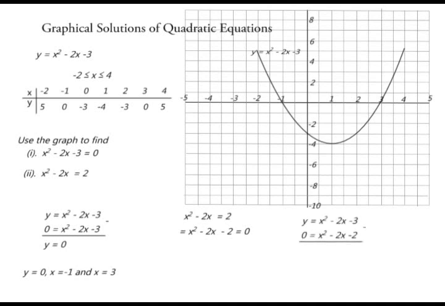If we do that, we'll get y is equal to x squared minus x squared is 0, minus 2x minus minus 2x is also 0, minus 3 minus minus 2 is minus 1. And so y is equal to minus 1. We find the values of x where y is equal to minus 1, and that is approximately minus 0.7 and 2.7.